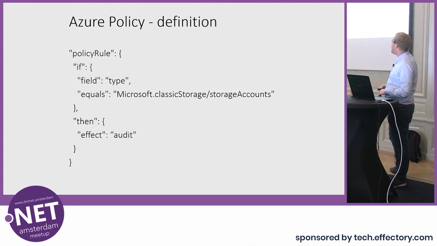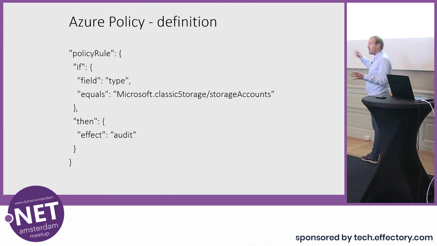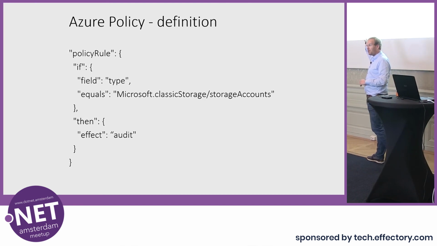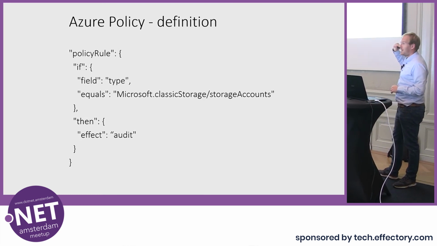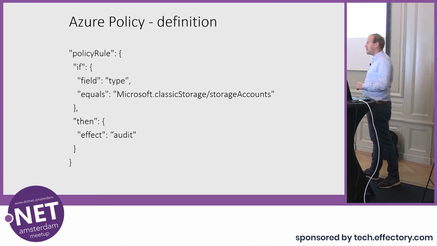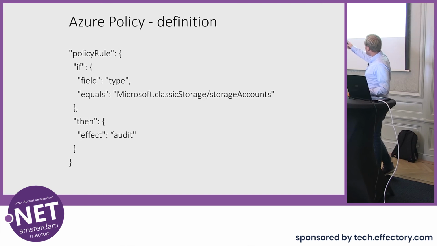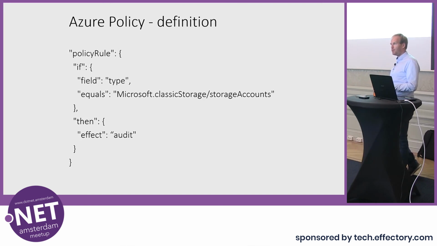This is the policy rule. I specify whenever a deployment comes in that matches a specific condition, which is the if part, there's the thing that I want to do, the then part. So whenever somebody creates, in this case, a classic storage account, which is still under the ASM model instead of ARM, which is really bad, I want to audit it so that it gets flagged and I can generate reports out of it.